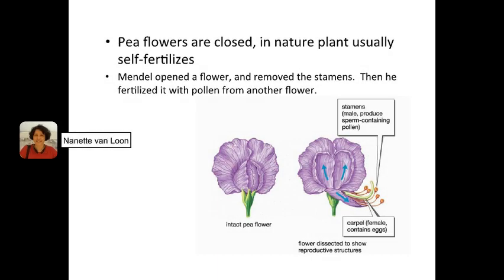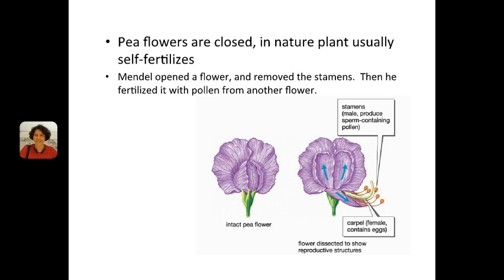Another unusual feature of Pisum sativum, Mendel's pea plants, was that they self-fertilized. Usually when we have sexual reproduction, the idea is to get genetic variability by having two individuals contribute to the next generation.